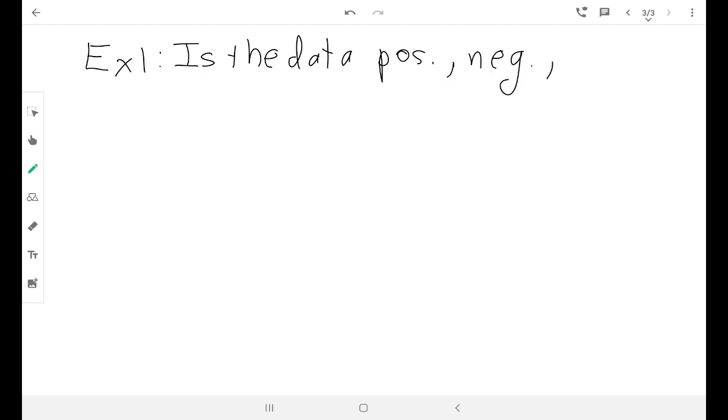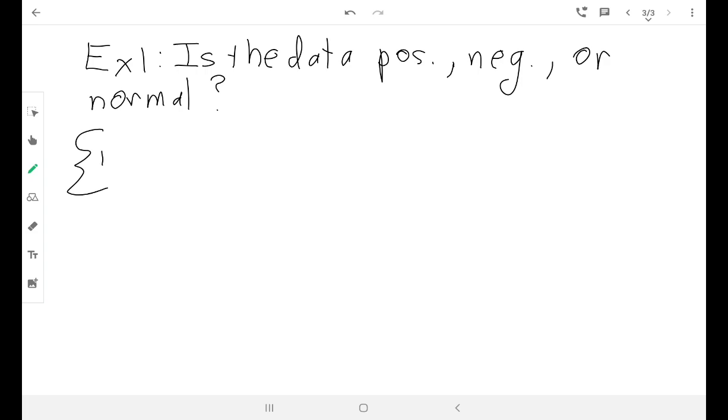Example 1: is the data positively, negatively, or normally skewed, or normal? I've left out the word skewed there because I didn't feel like writing it. Getting lazy.